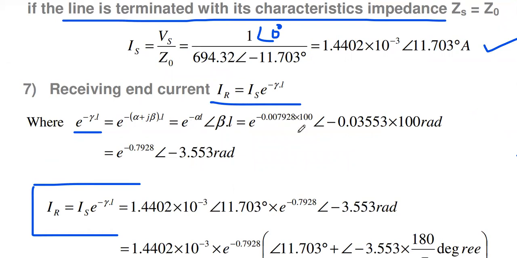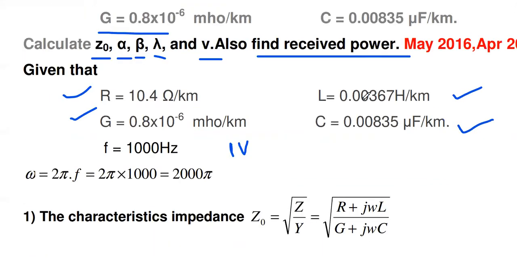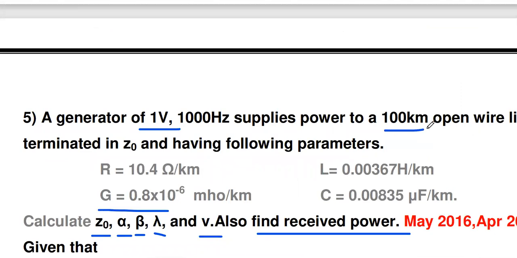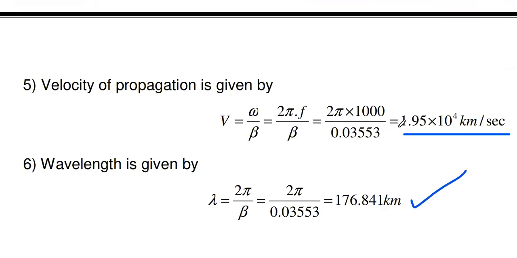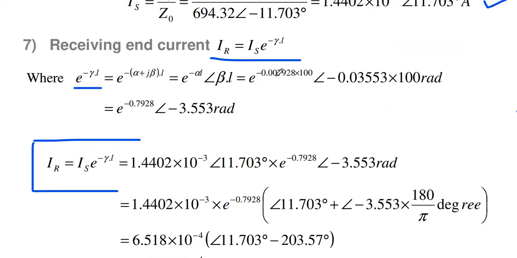Here L is the distance. In our problem, the open wire line length is given as 100 kilometer, so L is equal to 100. So you see e power minus alpha L, with angle minus beta into L. But here this angle is in radian.